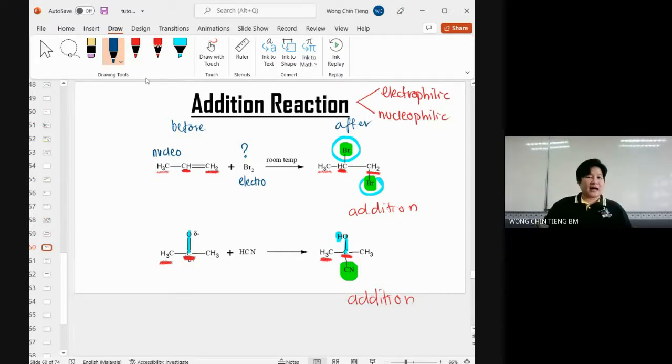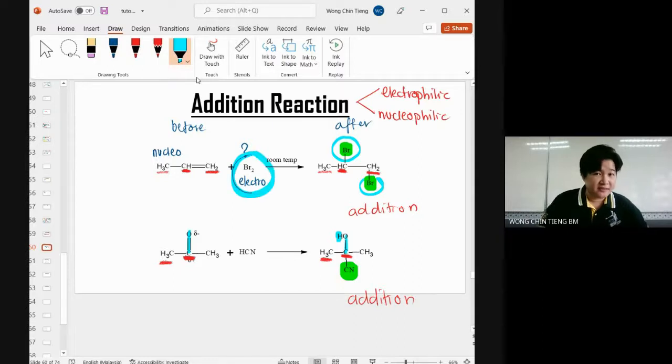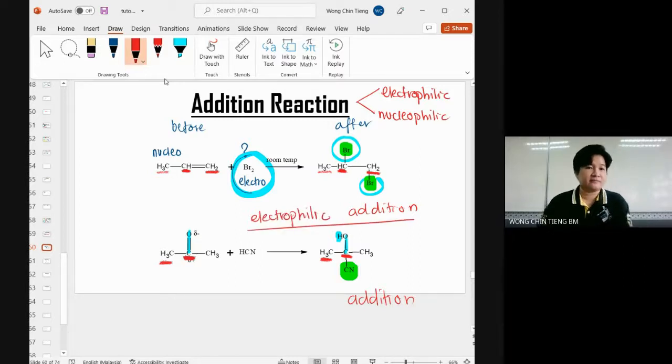So, kalau BR adalah electro and we agree that your BR is the one that making the changes. Therefore, what type of addition? Electrophilic addition. Nampak? Okay? Dah.